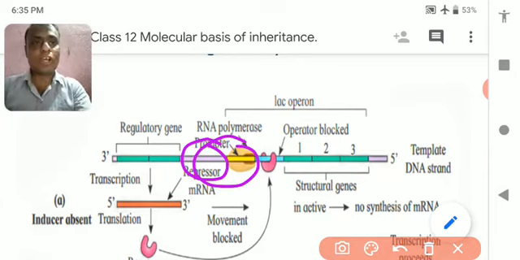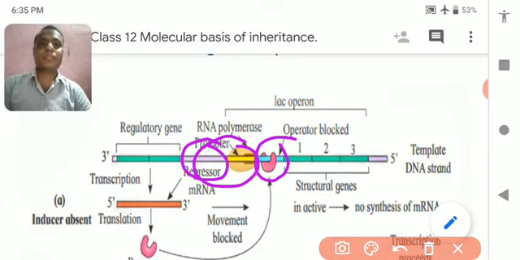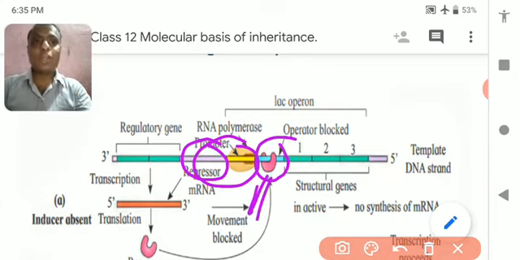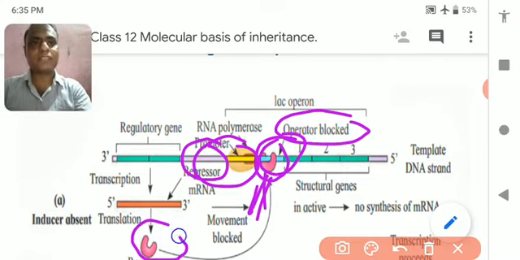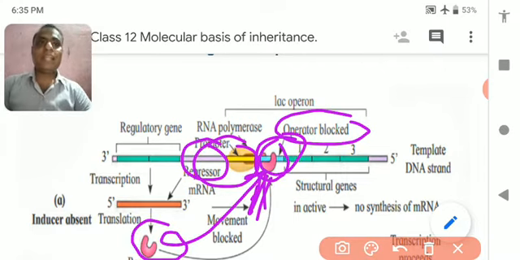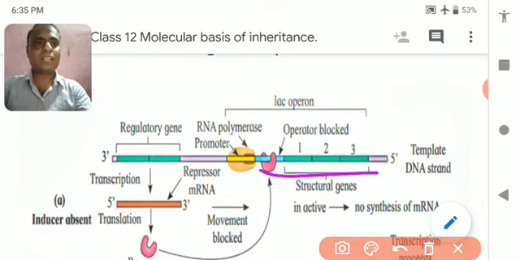Next, this is the operator, the point from where the operation or formation will start, as long as this operator is not bound by anything. If it gets bound with the repressor they will not act, and if there is no such binding they start forming a particular kind of protein.